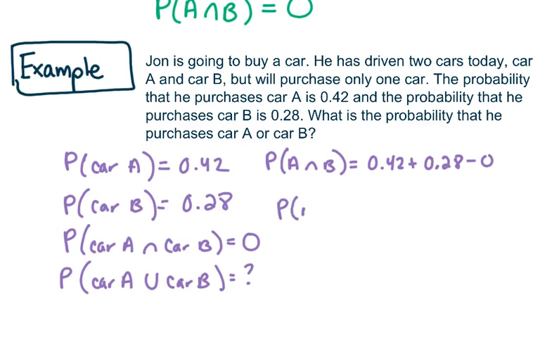So for mutually exclusive events, when you're looking for the probability of, I messed up my symbol, I just noticed. So this actually should be A or B. There we go. So the probability of A or B, when events are mutually exclusive, you can just add the 2 probabilities together. So we get 0.7.